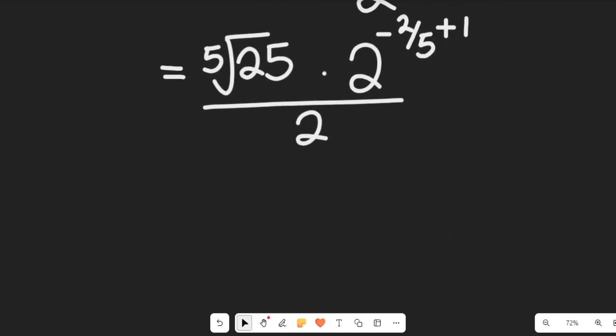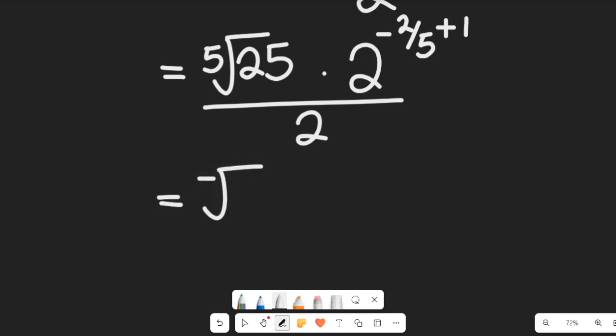Great. Now if I simplify that, I'll have this to be the fifth root of 25 multiplied by 2. If you add these two expressions, with the denominator 5, 5 divided by 5 is 1. That will give me 3 divided by 5, right?